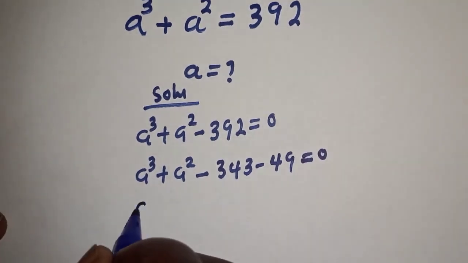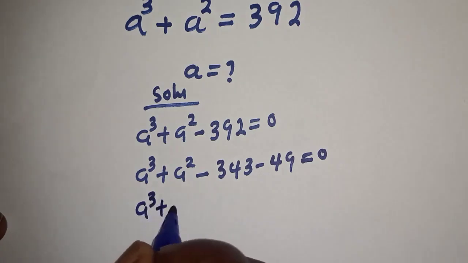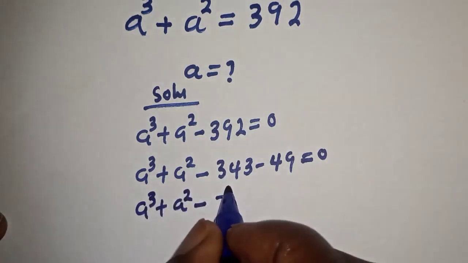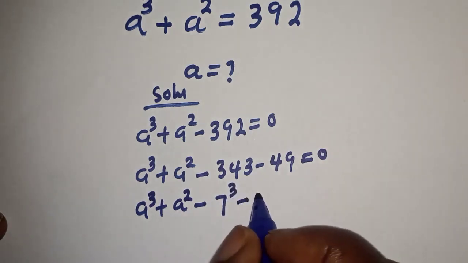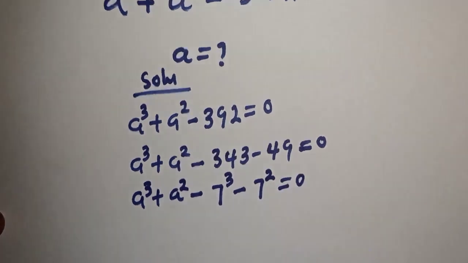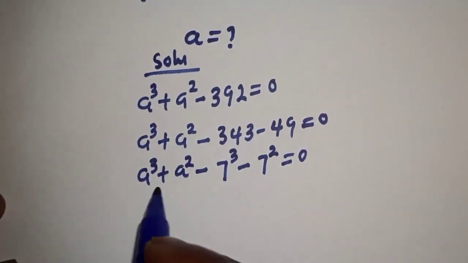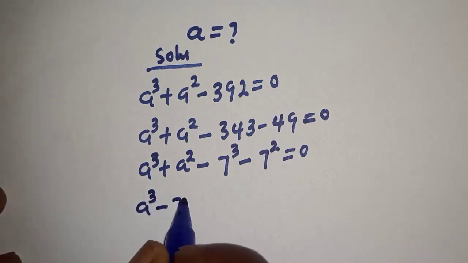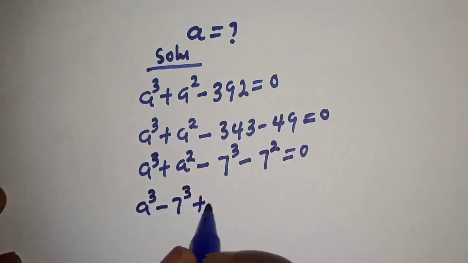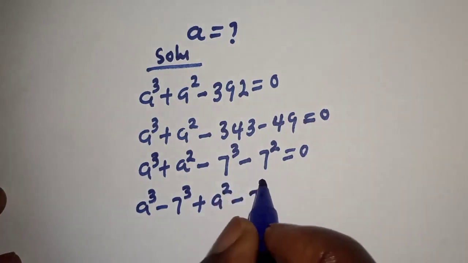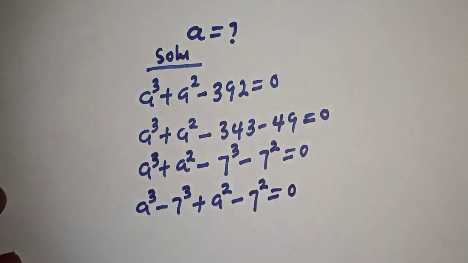Now this is a raised to power 3 plus a square minus 7 raised to power 3 minus 7 square is equal to 0. Let's compare: a raised to power 3 minus 7 raised to power 3 plus a square minus this 7 square is equal to 0.